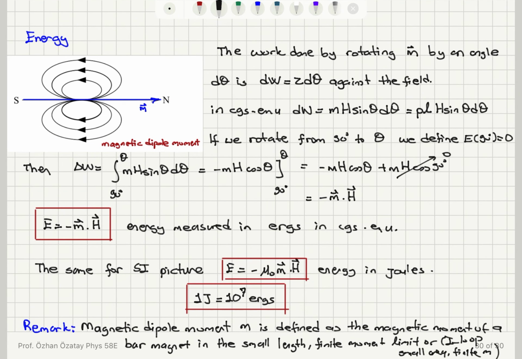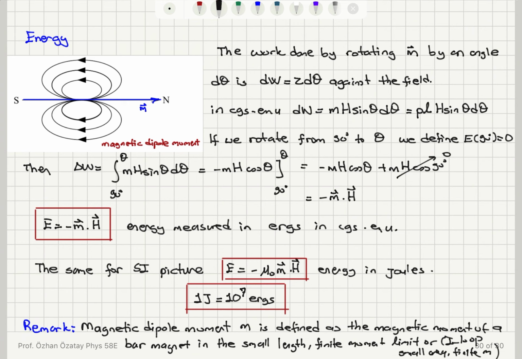And we see that because of this rotation effect, when you have the magnetic moment at an angle theta with respect to the magnetic field, there is an energy associated with this configuration. If we define the energy to be zero when it is perpendicular to the magnetic field, the change in the energy is due to the work done by torque in rotating through an angle d theta.